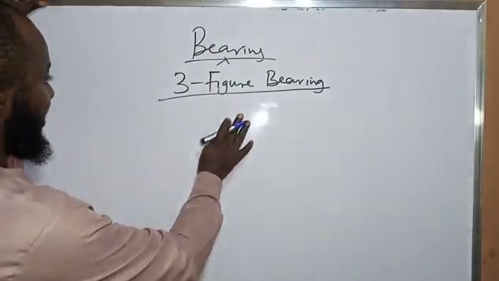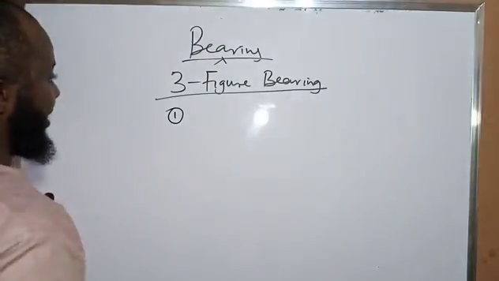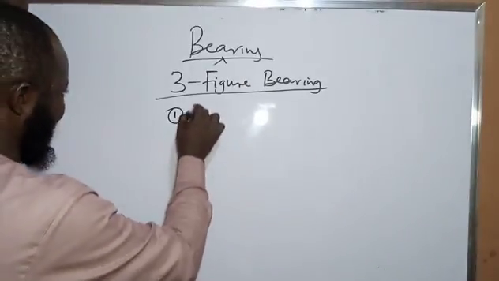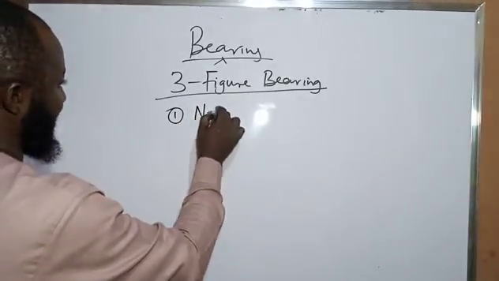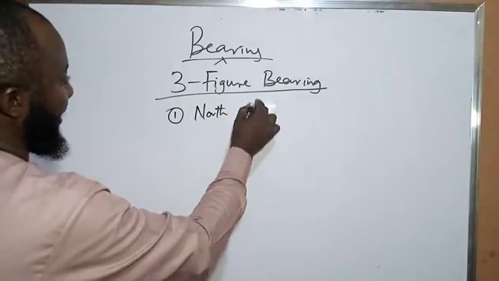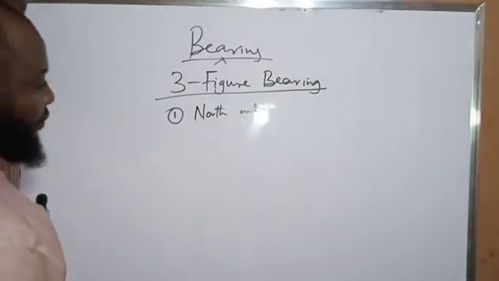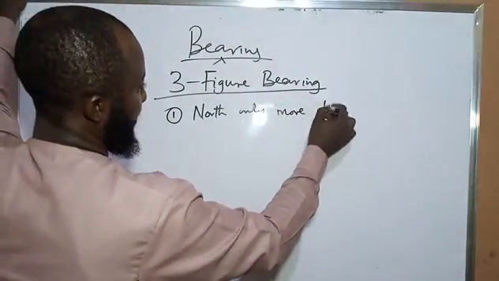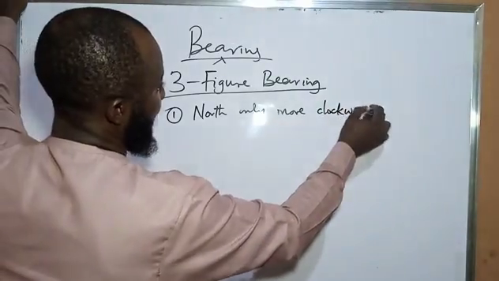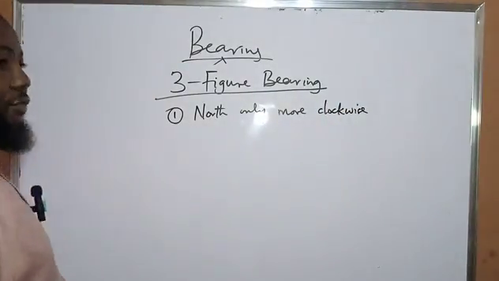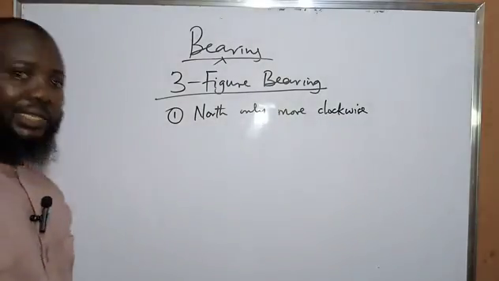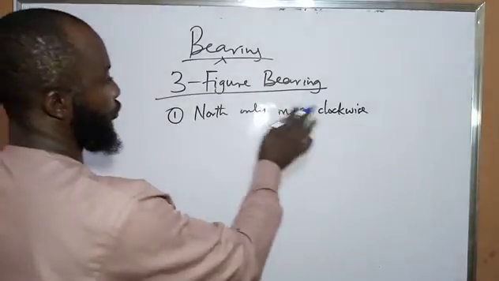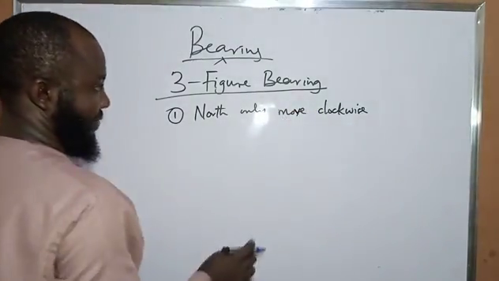The first point under 3-figure bearing is that you always start from the north, and move clockwise. You cannot move anti-clockwise, and you cannot start from the south, unlike compass bearing. So we always start from the north and then we move clockwise. That's the first thing.